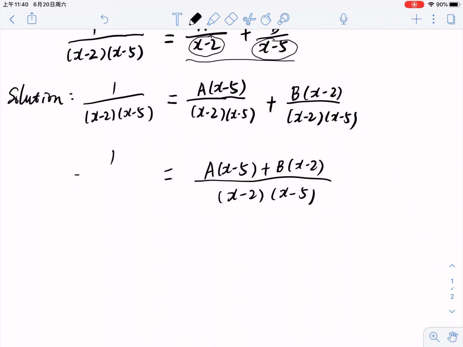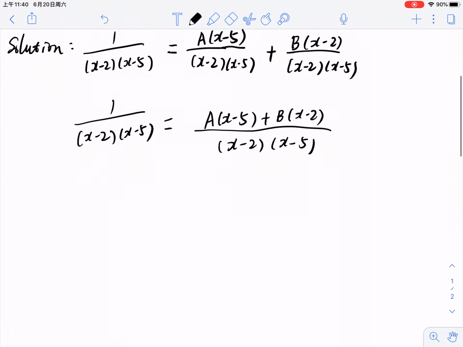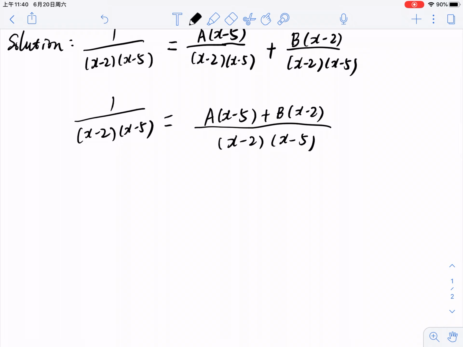And the left-hand side, we copy it. So next, we want to get rid of the denominator. So we multiply both sides by the denominator (x minus 2)(x minus 5). So we have 1 is equal to A times (x minus 5) plus B times (x minus 2).